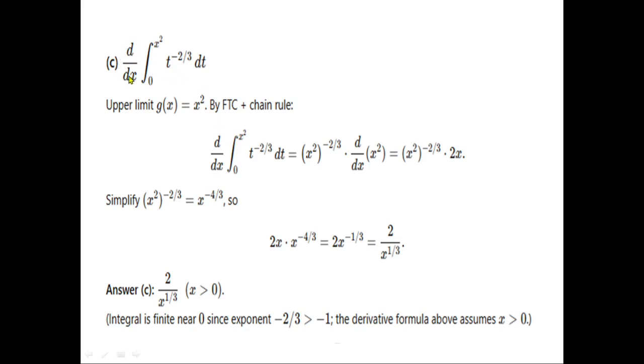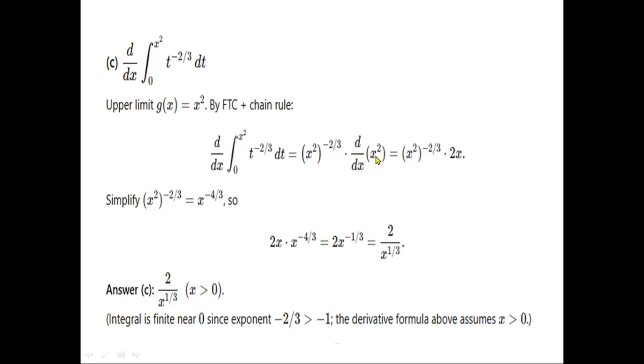Next, let us see another function, that is d by dx of the integral from 0 to x square of t power minus 2 by 3 dt. Here the upper limit g of x is x square, and the function is t power minus 2 by 3. This x square has to be substituted in place of t, so it becomes x square whole power minus 2 by 3 into the differentiation of x square.